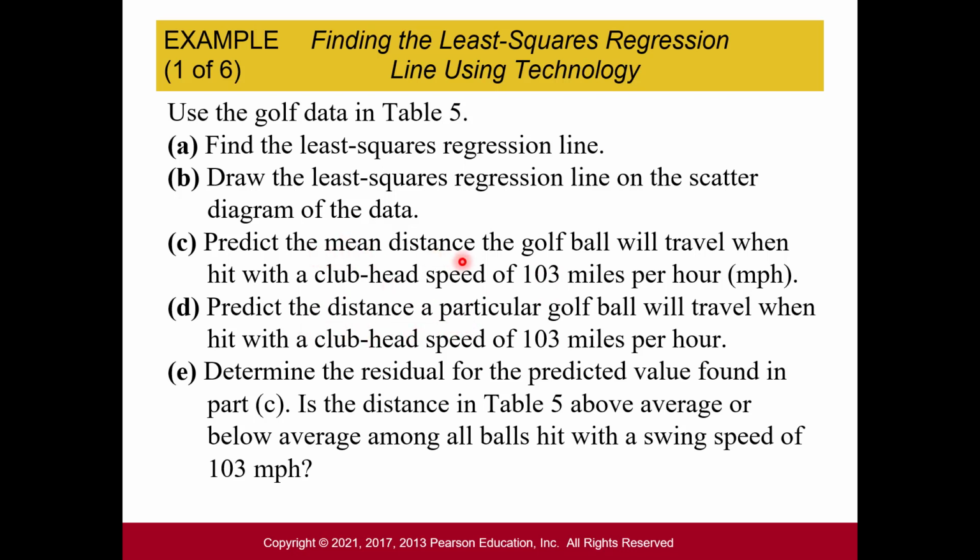The mean distance and then the distance at also 103 miles per hour. And then we're going to determine the residual for the predicted value, so from our value from part C. And then answer the question, is the distance in our table, our actual observations, above average or below average among all the balls hit with a swing speed of 103 miles per hour? Okay, so let's get right into it.